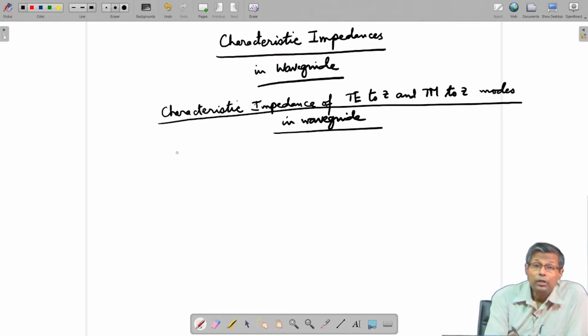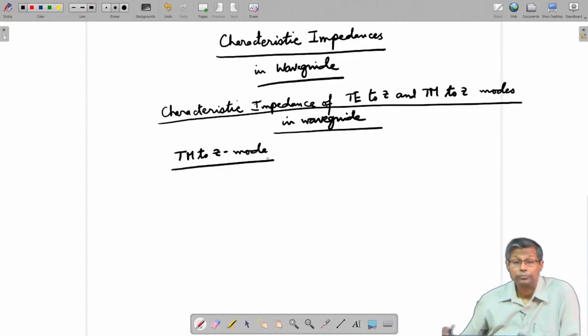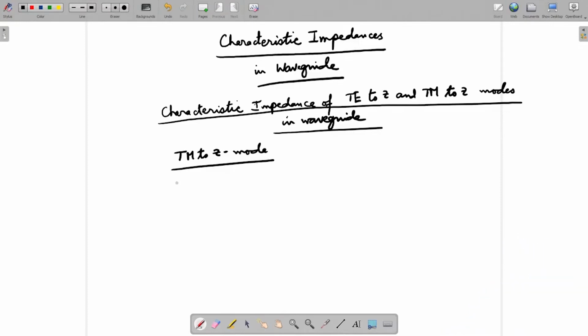So, first let us consider the TM to Z mode. We know the field equations for the TM to Z mode.